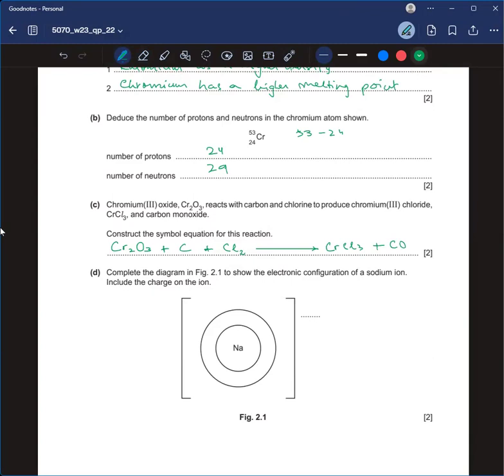Okay, so we can see that CrCl3 has no oxygen, and this means that all the oxygens are present in carbon monoxide. Here we have 3 oxygens, which means we'll need 3 carbon monoxide as well, so we put a 3 here.